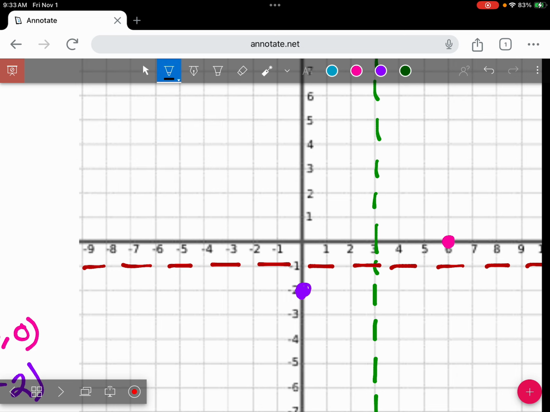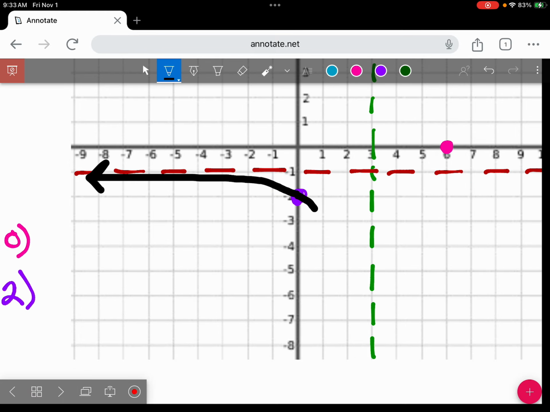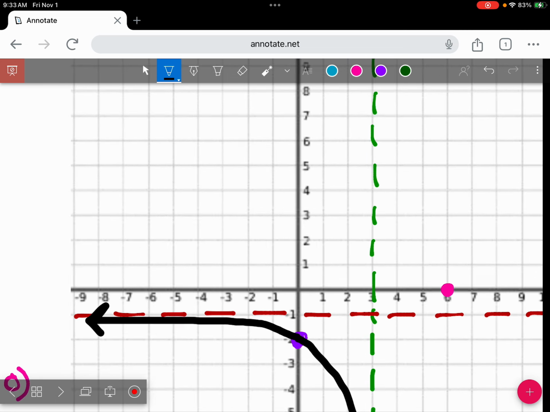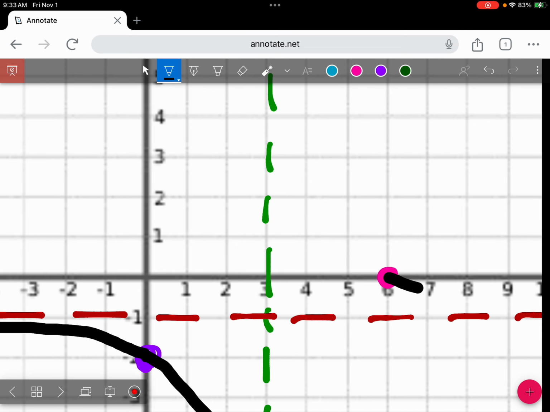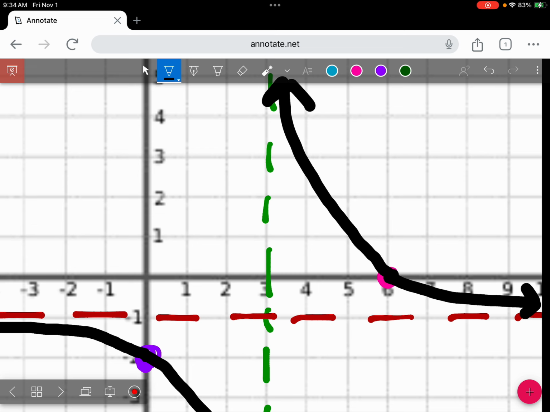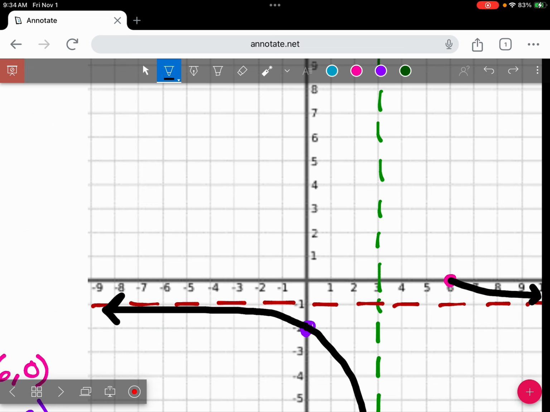So I know it's going to go from this point towards my asymptote, and from this point towards this asymptote, like that. From my x-intercept, it's going to approach the horizontal asymptote, and from my y-intercept, it's also going to approach our vertical asymptote.